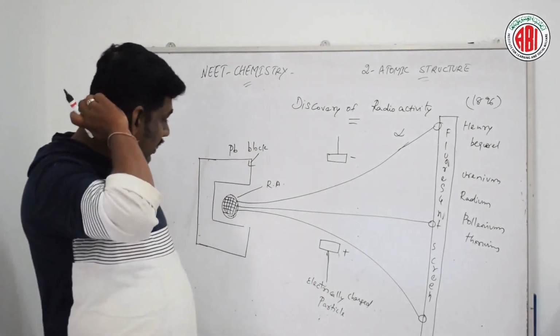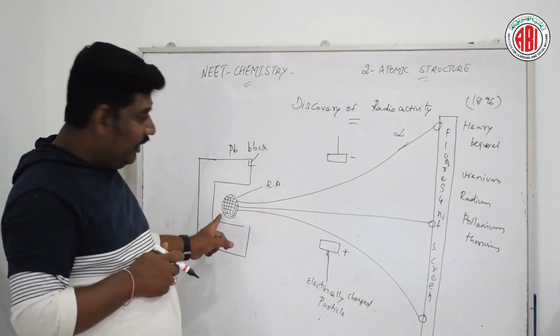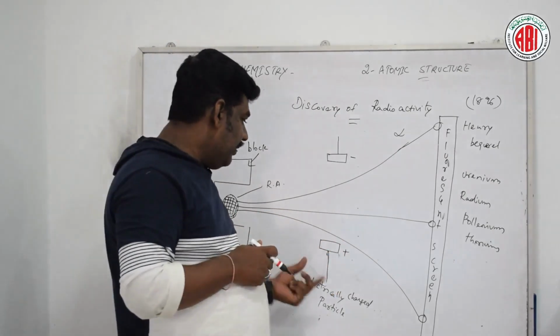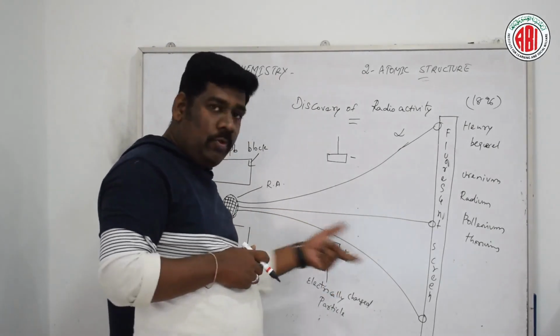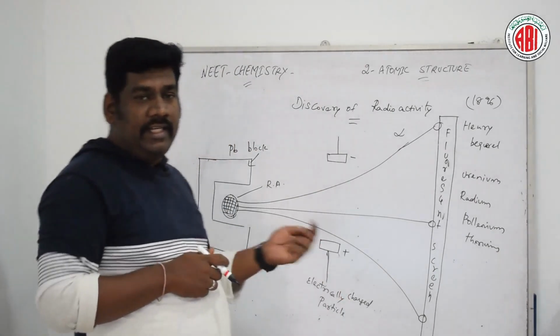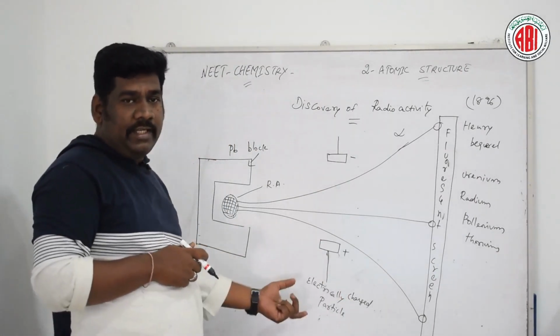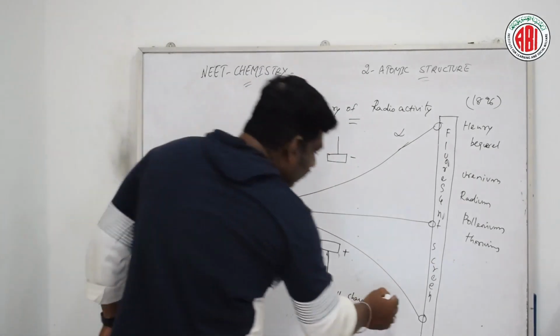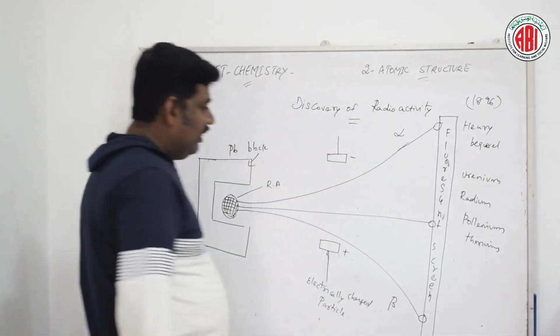Similarly, the rays coming through this narrow slit that are deflected towards the positively charged plate are considered to be beta rays.